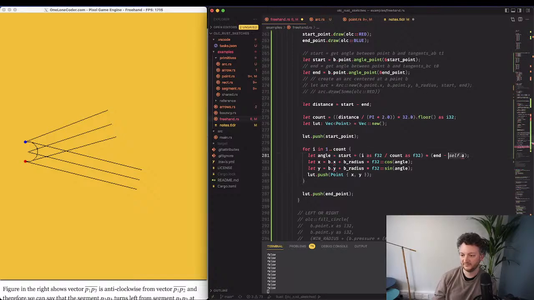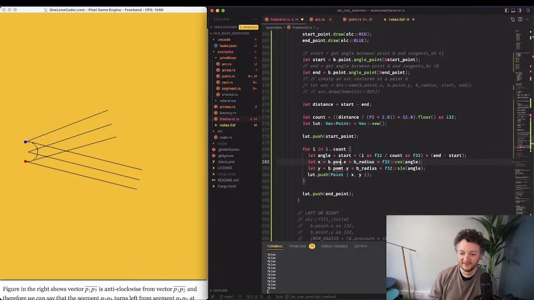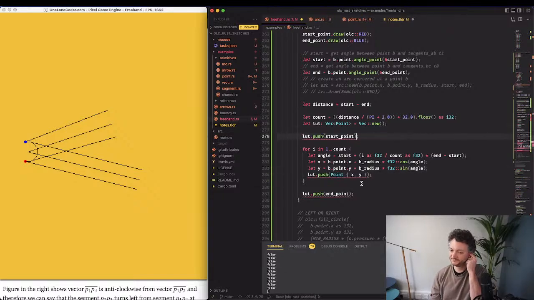And start, because these are these B dot point. X point, we actually don't need the, we need the lookup table even.